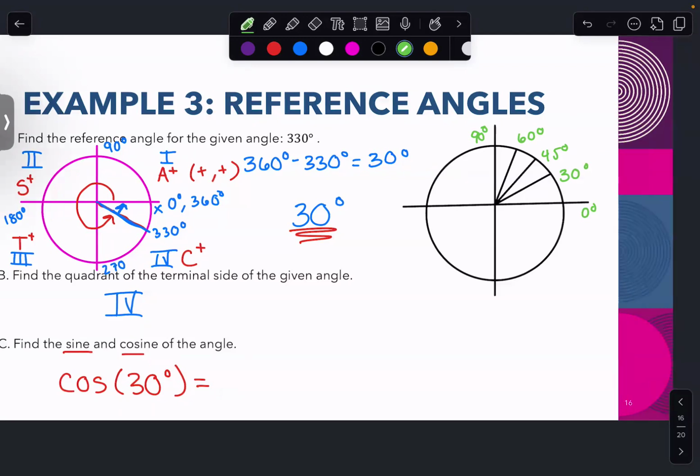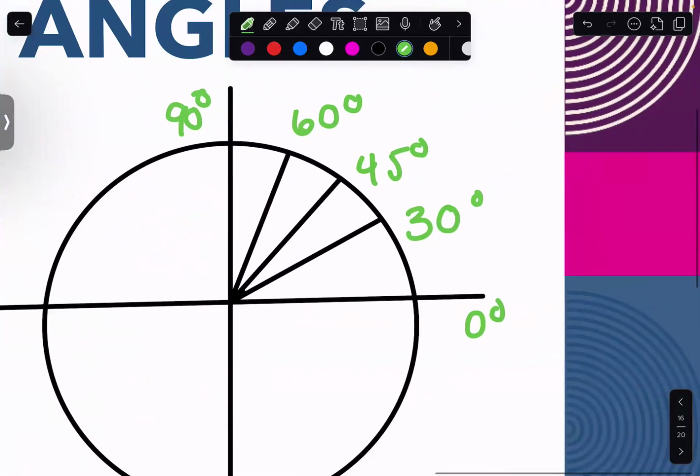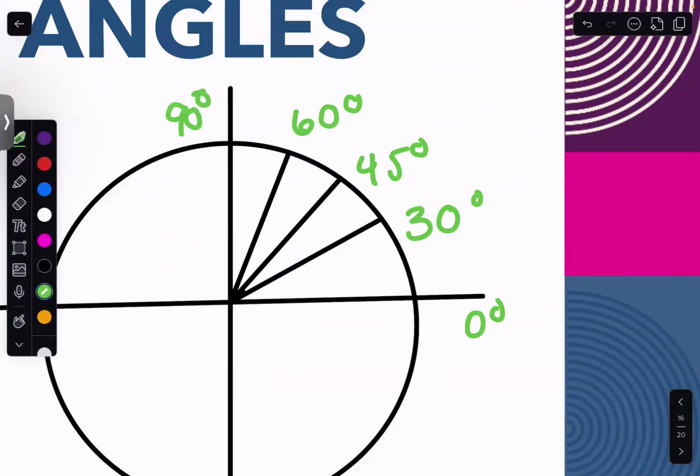Here is a really quick and easy way to remember that. So I have my unit circle here, and what I'm going to do is just show you guys a memorizing trick. And I know my coordinates are going to look like this.